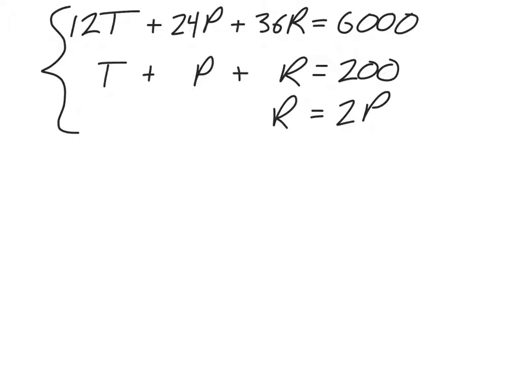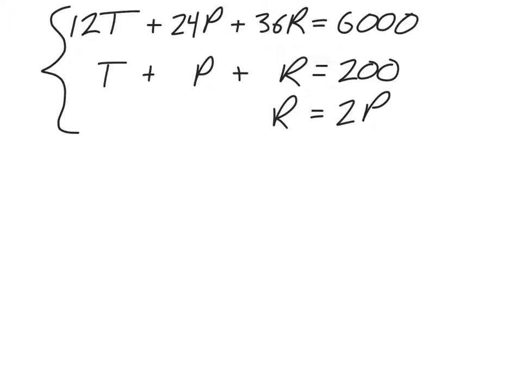Because when solving systems of three equations, it tends to be all about the elimination method. But we can actually still use the properties of substitution with it. I can take what R equals, and I can substitute that in for R in the other two equations. And so I'm going to go ahead and do it that way, just to show what that would do and how we could handle it.